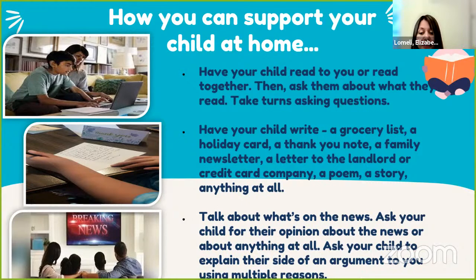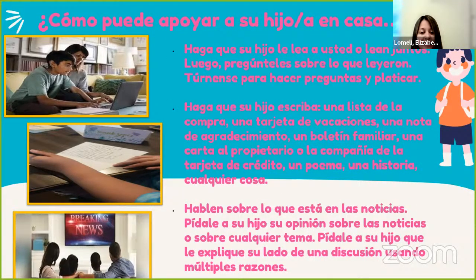Ask your child to make an argument if they have an opinion about something, a strong opinion, for instance, climate change and contributing to preserving our environment. And they may have a strong opinion about that, have them support that. Okay, so these are all ideas of how you can support your child at home on a daily basis with these small tasks that help to develop language.